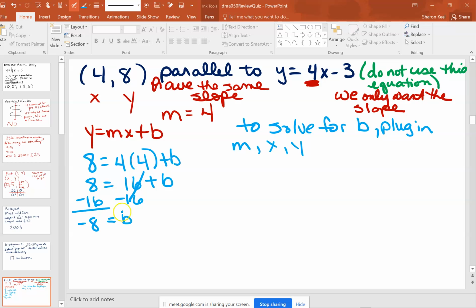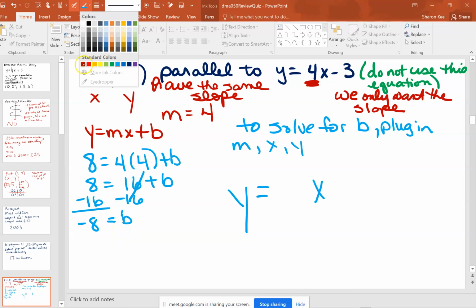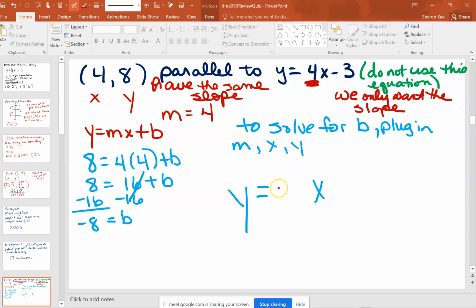So as we write our equation, y equals, we're going to put a number in where the m goes, and a number in where the b goes. The m value is 4, and the b value is -8.